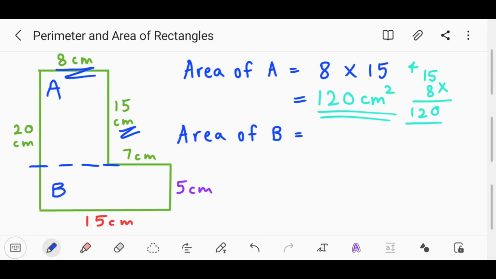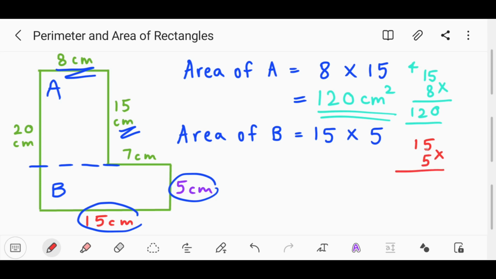In order to find the area of B, we need to multiply the length by the breadth. So the length of B is 15 centimeters and the breadth is 5 centimeters. So I'm going to go ahead and multiply this in the side as well. 15 times 5. 5 times 5 is 25.